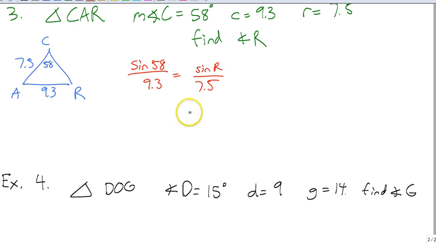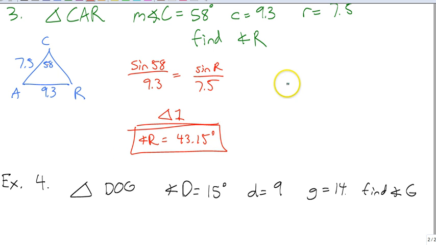Okay, I cross multiply, and I get that for the first triangle, you do get a triangle, that angle R is equal to 43.15. Well, let's double check if there's a second one. So this is one of my answers for the problem. If there is a second triangle, in the second triangle, angle R is equal to 180 minus that.